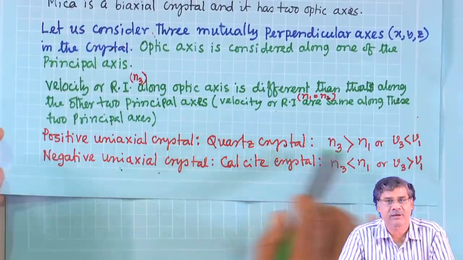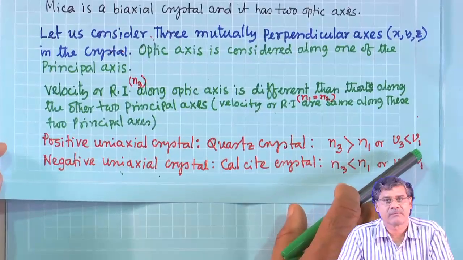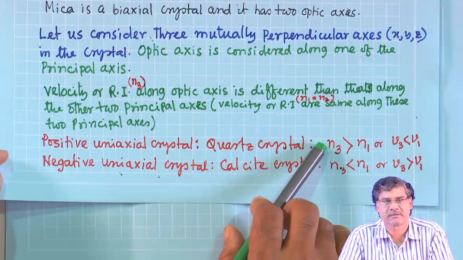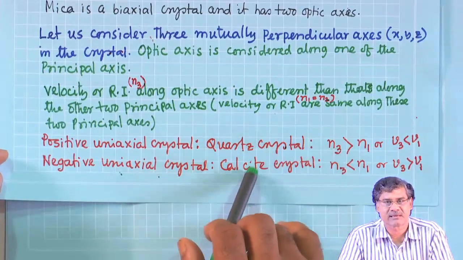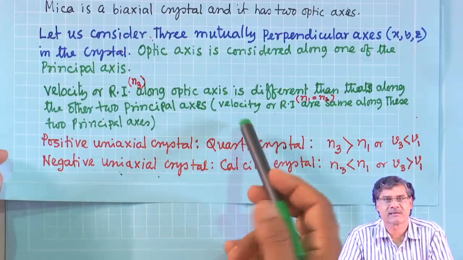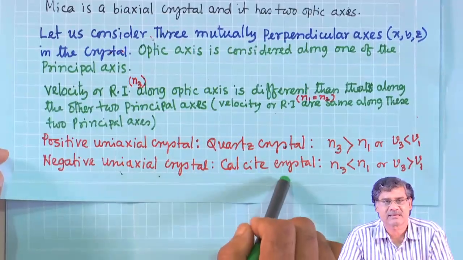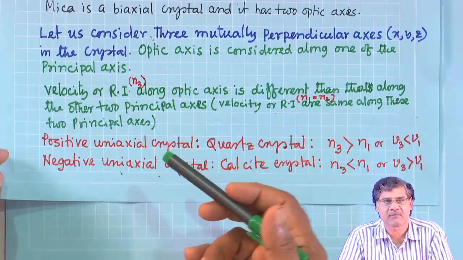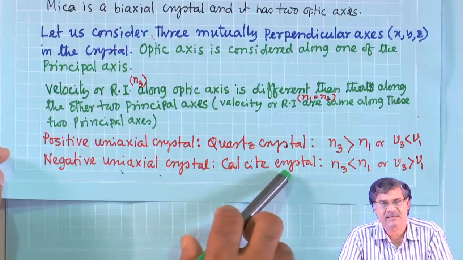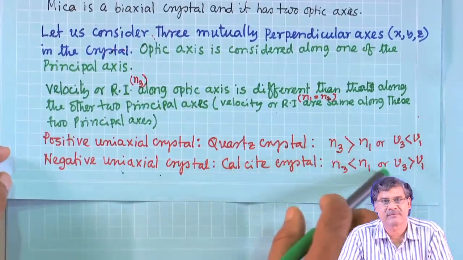Okay. So, that way we differentiate the uniaxial crystal. So, quartz crystal is an example of positive uniaxial crystal and calcite crystal is an example of negative uniaxial crystal. So, that is defined this way.